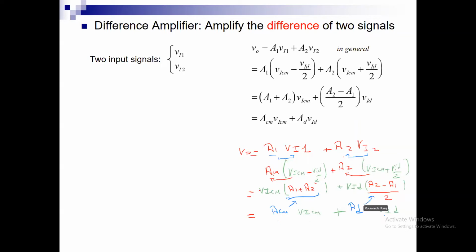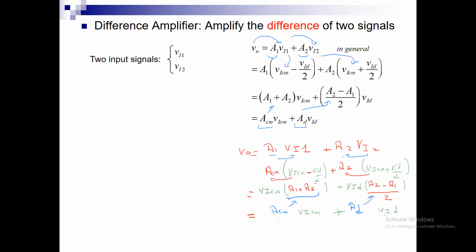That is, ACM is A1 plus A2 and AD is A2 minus A1 over 2. So pure math: we started with the gain with respect to V1 and with respect to V2, and plugged their values in terms of common mode and differential mode, and accordingly this is your common mode gain and this is your differential mode gain.